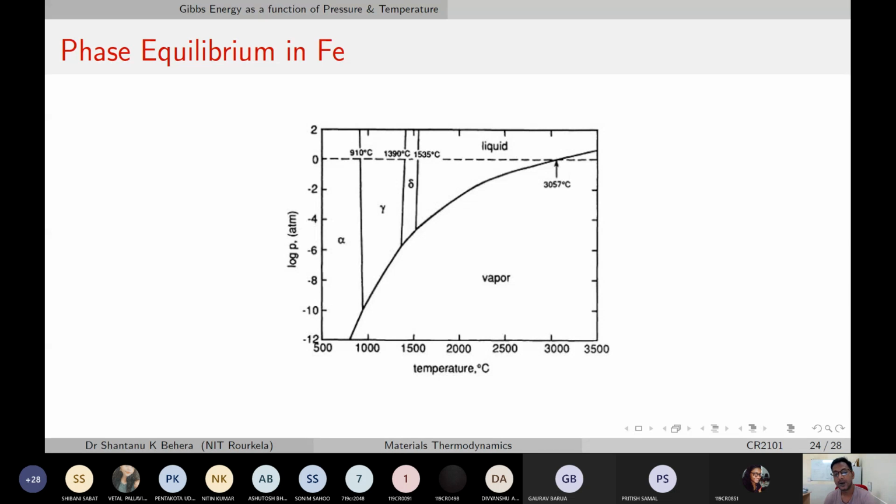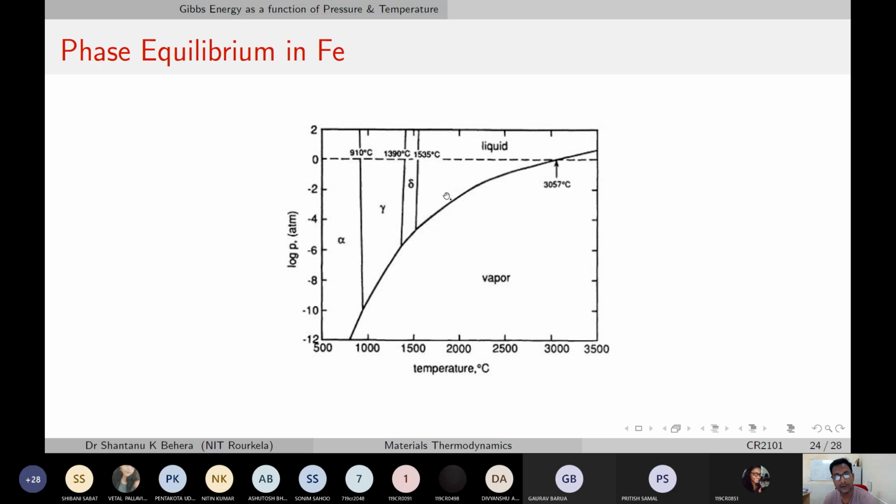All of these are solids. So to begin with, if these are all solid phases, then I have alpha, gamma, and delta, all of these primary phase fields, that's the solid phase field.